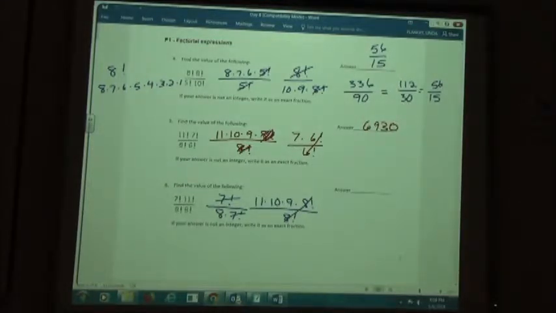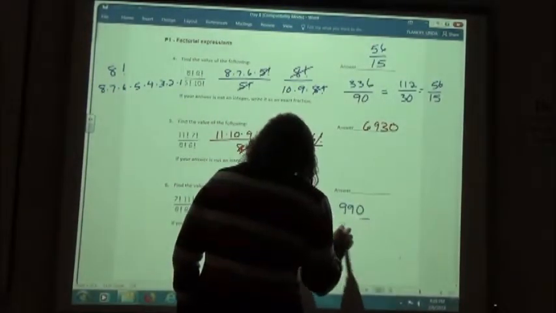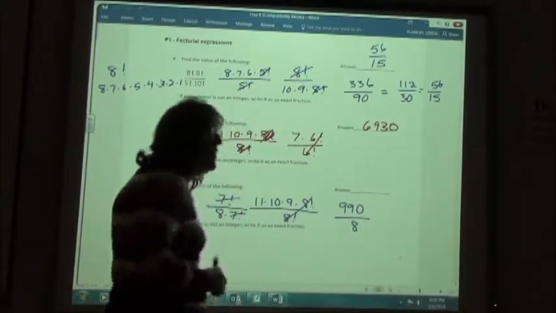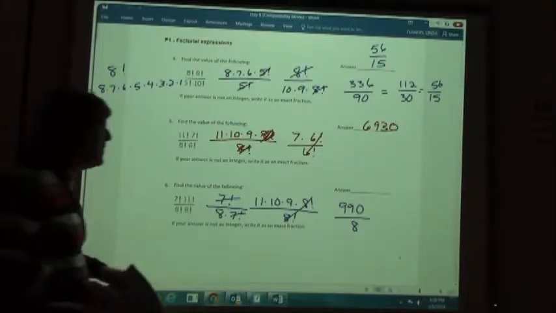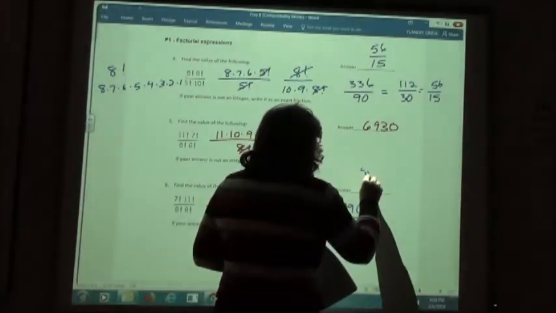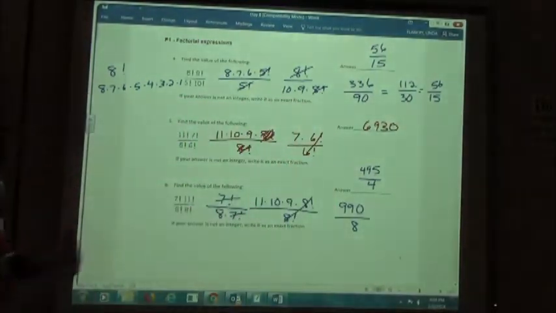So on the top of my fraction, I have 11 times 10 times 9, which is 990. On the bottom, I just have an 8, and then I want to reduce my fraction down. I know I can divide by 2 anyway. It'd be 495 over 4. Can't simplify it any further than that.